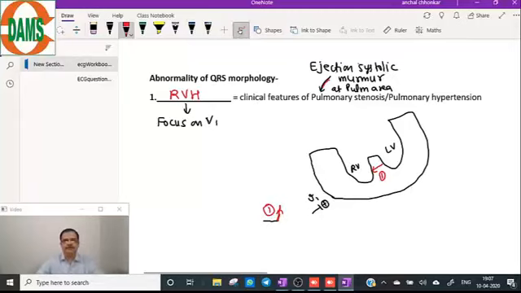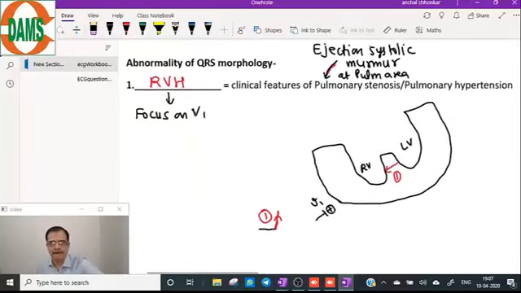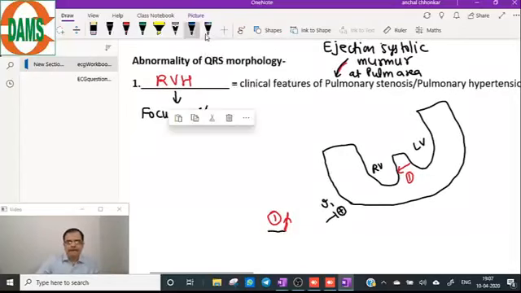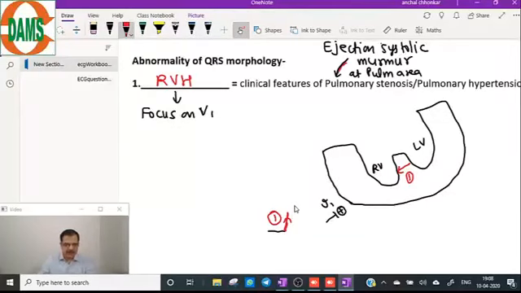So there is a number one deflection, and this will be seen in V1. Now come to the next event. If you recall, yesterday we did the normal ECG waveforms.